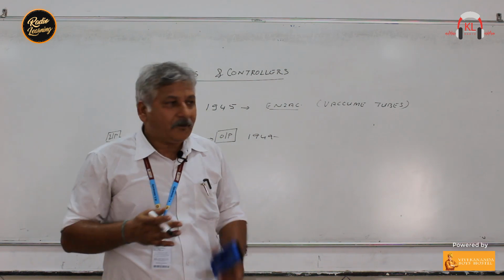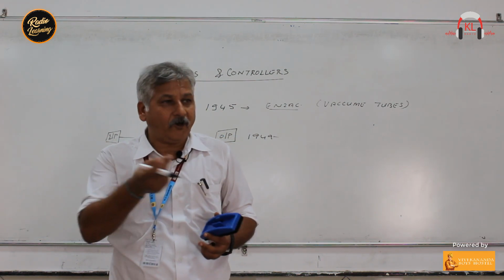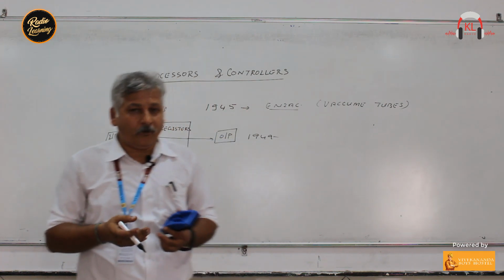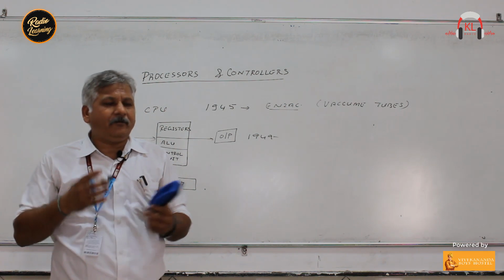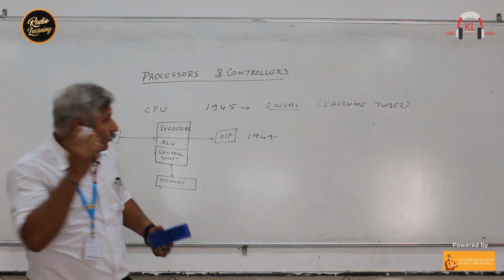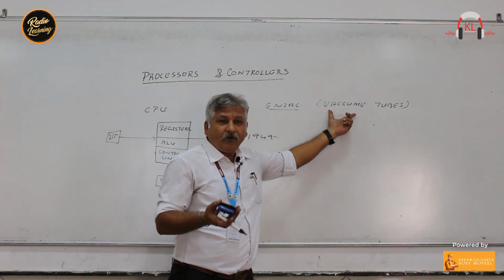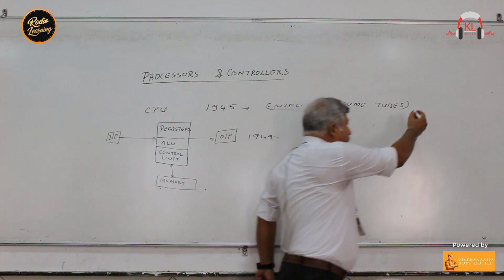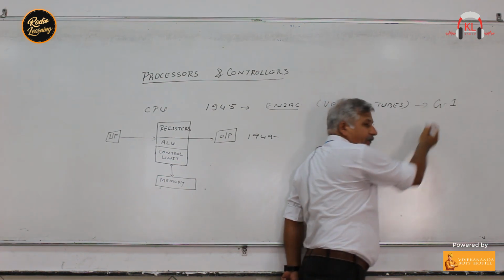So the size of the CPU was reduced because the size of a semiconductor device is very small compared to vacuum tubes, the speed of operation increased, and the heat generated was also reduced. Those CPUs in which vacuum tubes were used come in the category of generation 1.